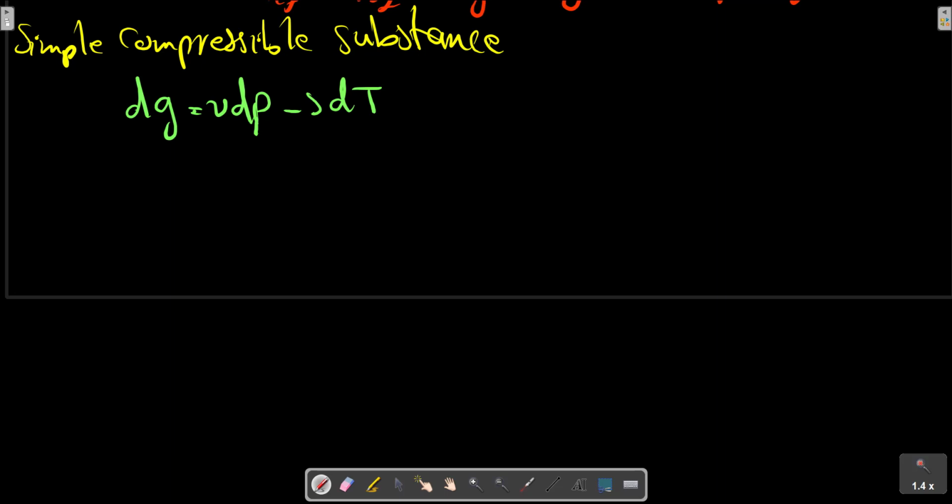Both phases will undergo the change in Gibbs function dG, but since the phases always have the same value of the Gibbs function when they are in equilibrium, it follows that dG for liquid equals dG for gas.